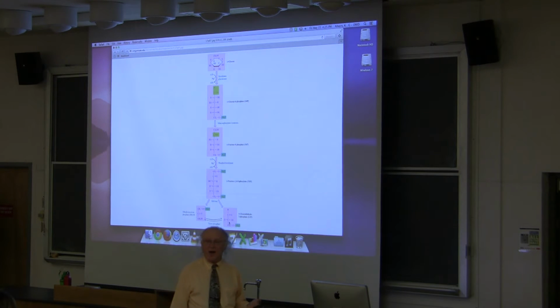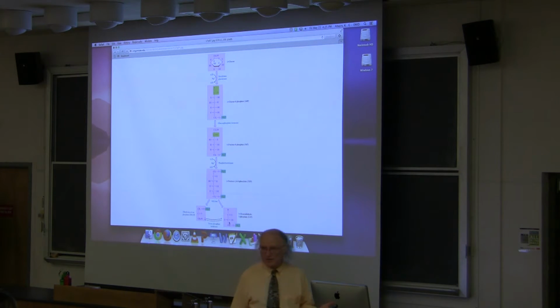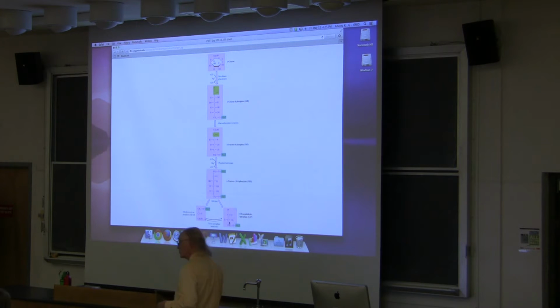It will have a positive delta G 0 prime, and therefore it has a positive delta G, because if I have equal concentrations of everything, the log term is 0. The delta G 0 prime is positive, which means that the delta G will be positive, and that means the reaction isn't going to go forwards, it's going to go backwards.